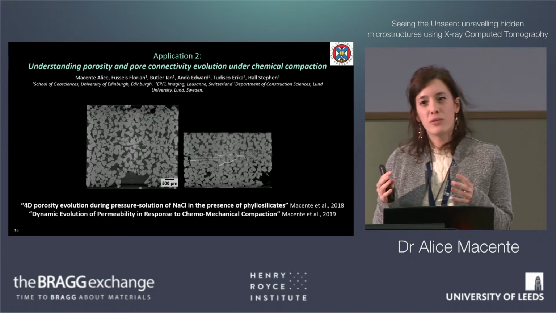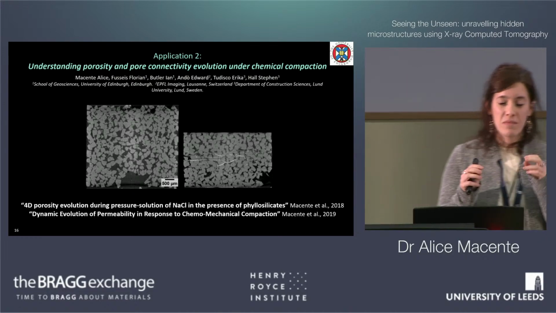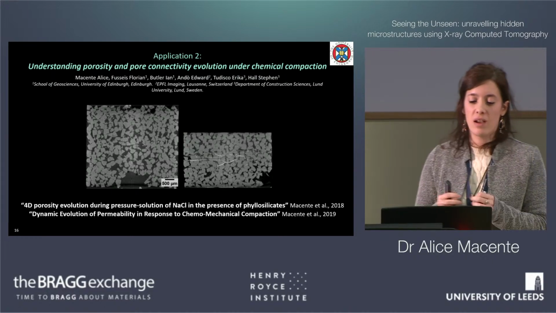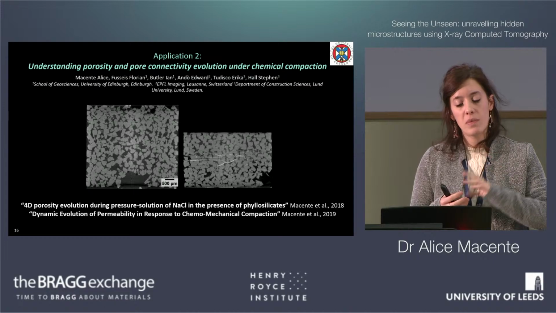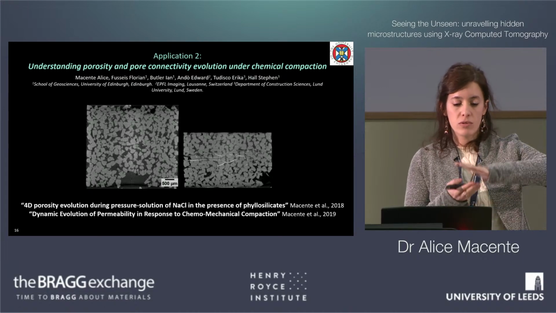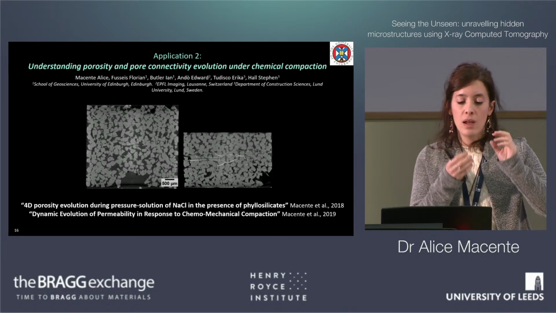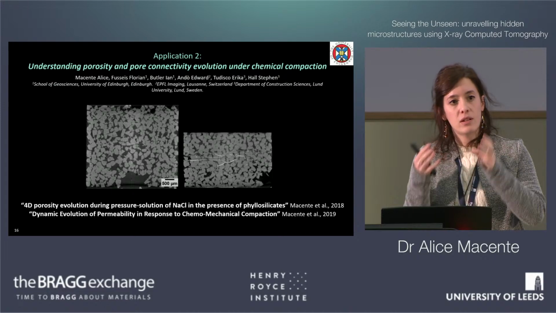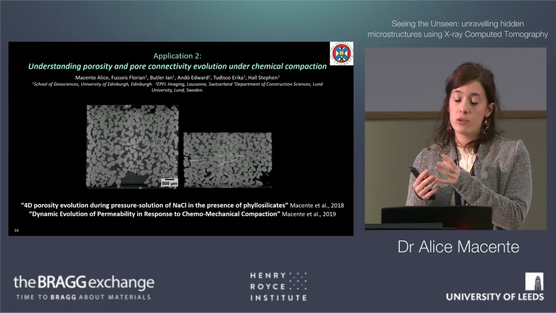Without going into too many geological terms, there are some processes happening in Earth through which we basically have dissolution of material where grains are stressed and loaded against each other, surrounded by a thin layer of fluid, and the material gets transported and precipitates into the nearby pore space.